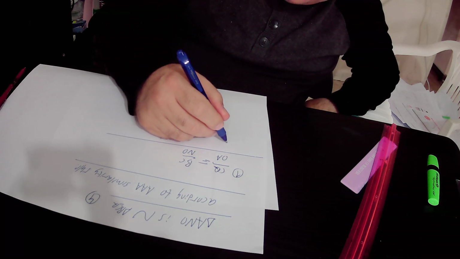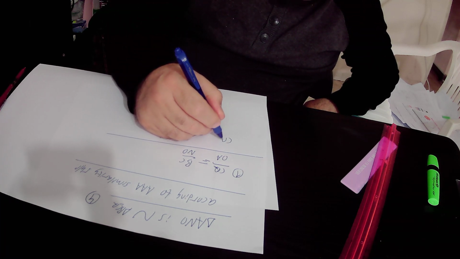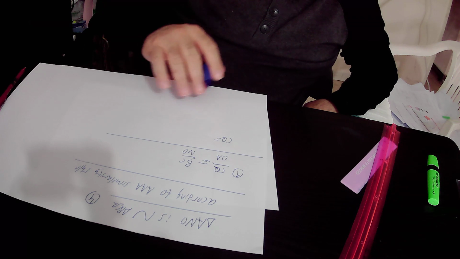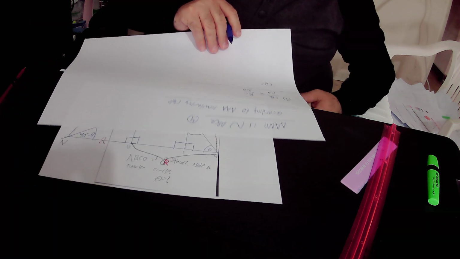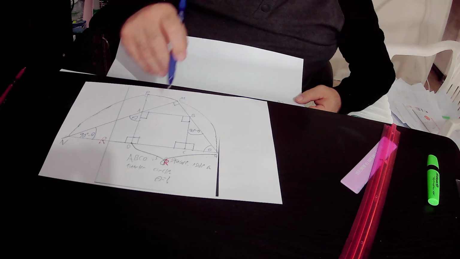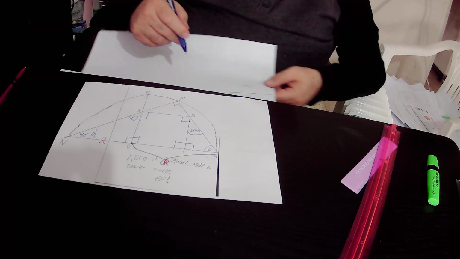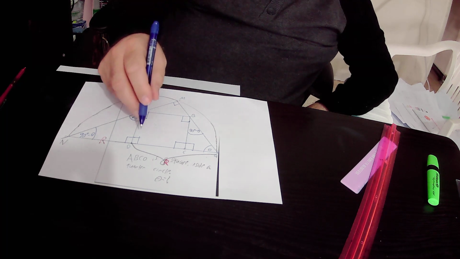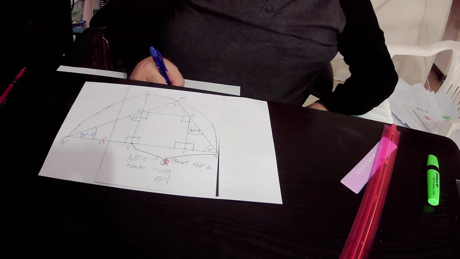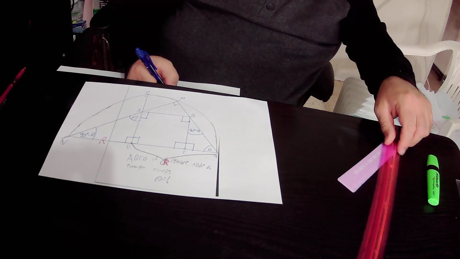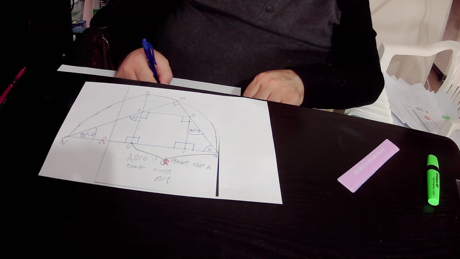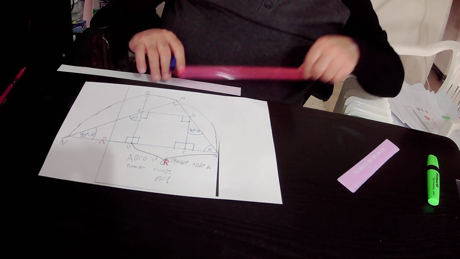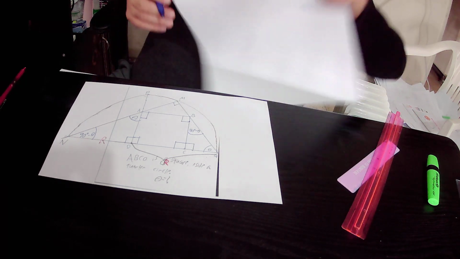We'll find out the length of CQ. CQ is actually equal to QO minus OC. I'll repeat again.